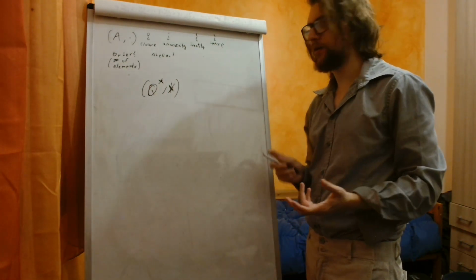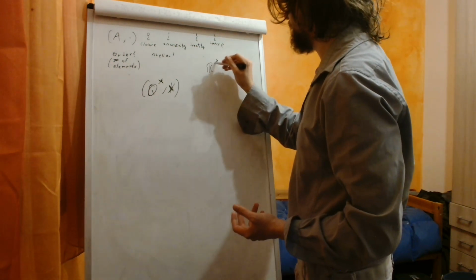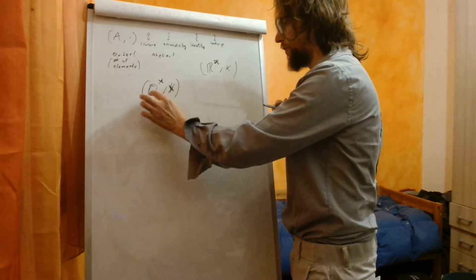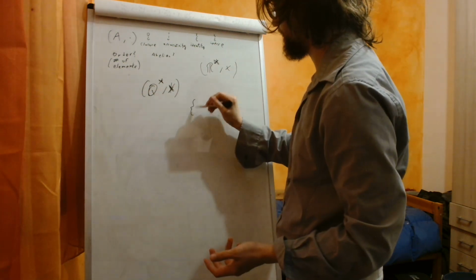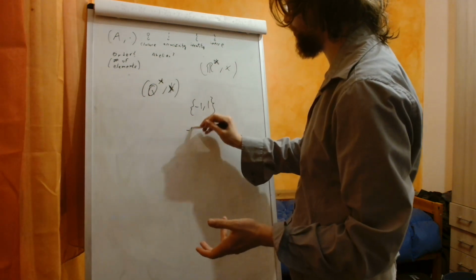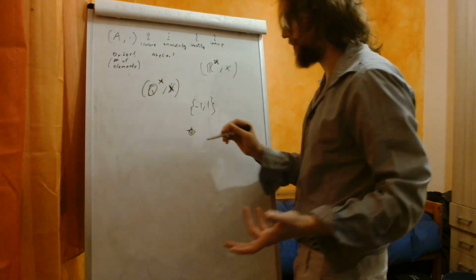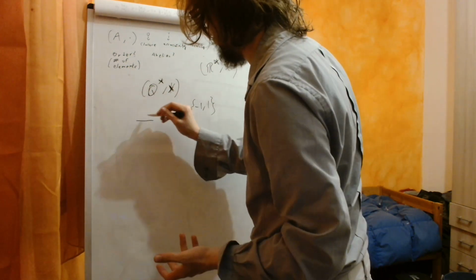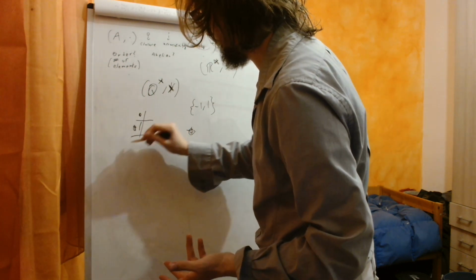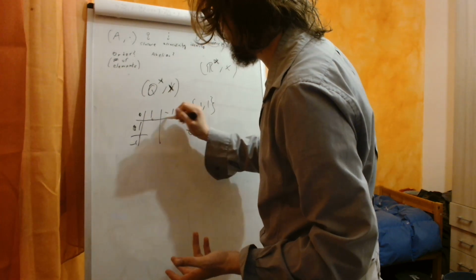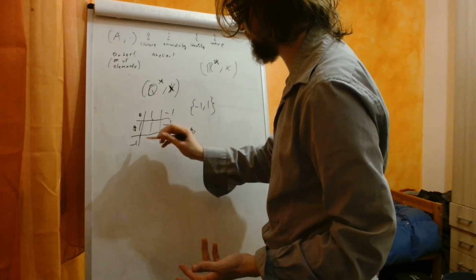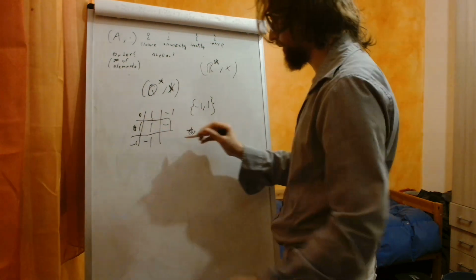Another subgroup of R star with multiplication, which is also a subgroup of Q star with multiplication, is {-1, 1}. So the set only with -1 and 1. You can check the multiplication table because it has only 2 elements, so it's very easy. 1 times 1 is 1. 1 times -1 is -1. -1 times 1 is -1. -1 times -1 is 1.